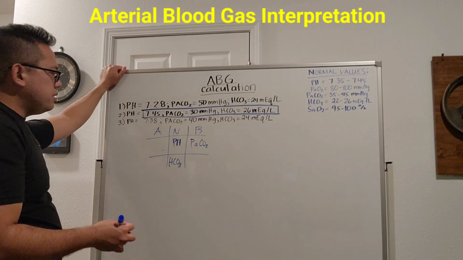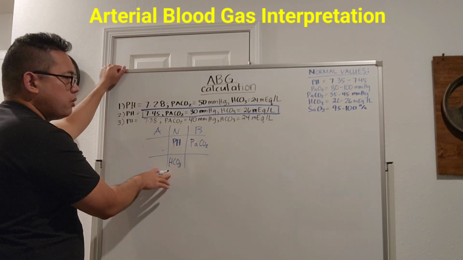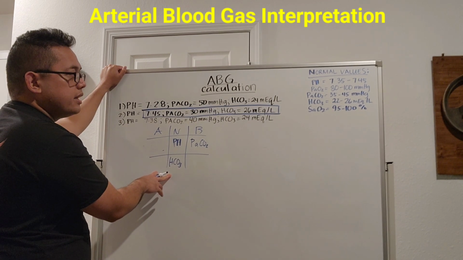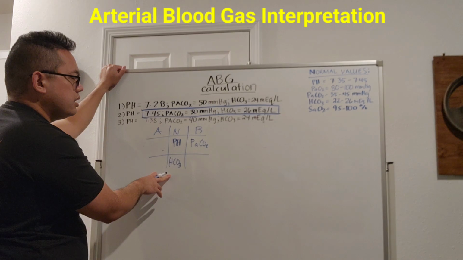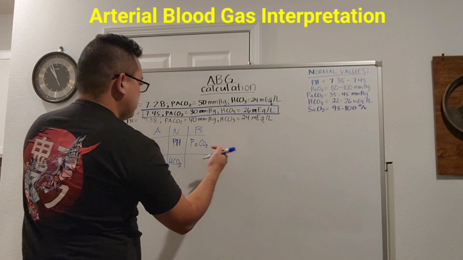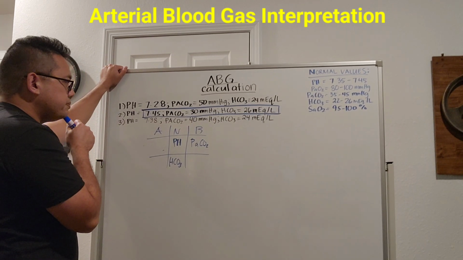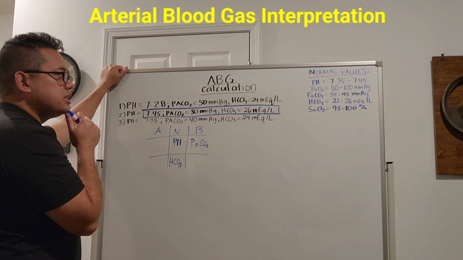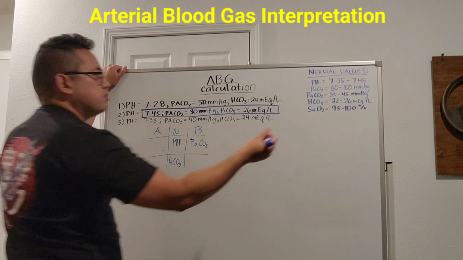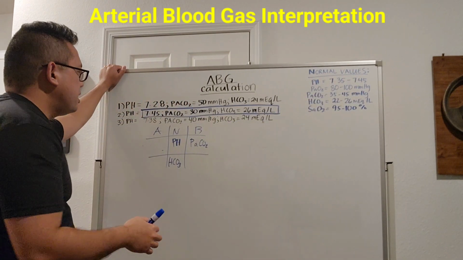So for this one, they're both normal, the pH and bicarb. This is tricky, because the pH is normal, but it's borderline basic, because it's leaning towards 7.45.